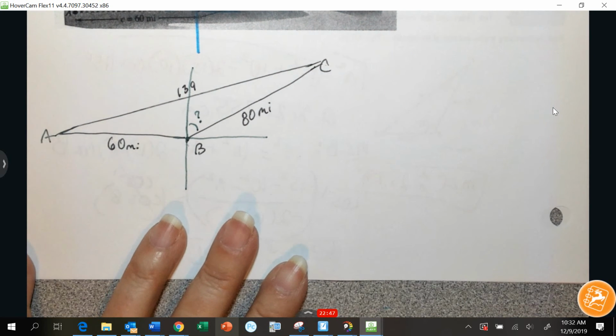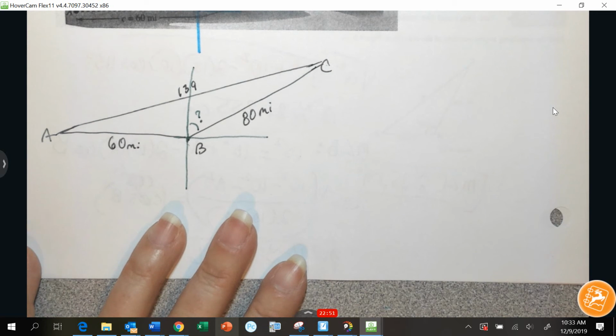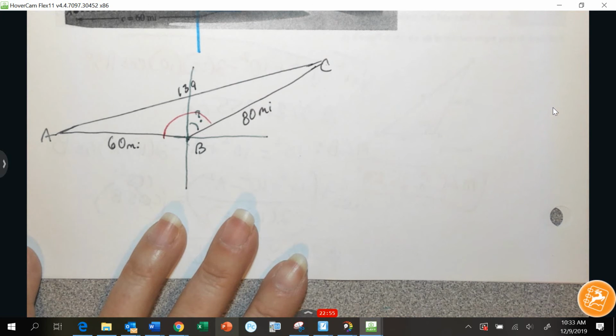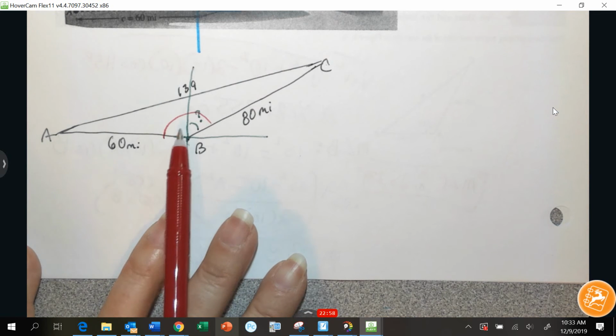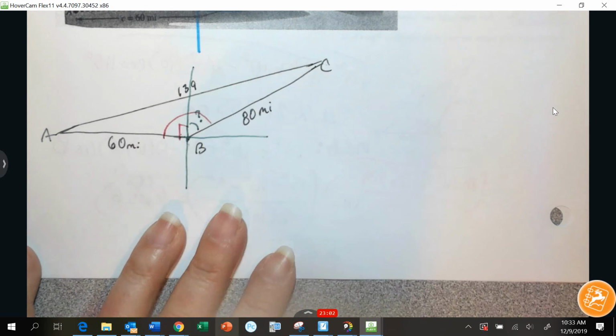Can we find angle B? Is that possible? And when we find all of angle B, what's this right here? 90 degrees. So can we find this bearing?